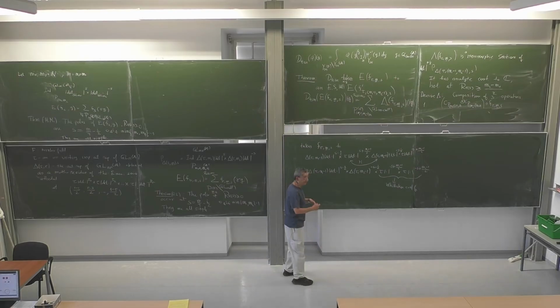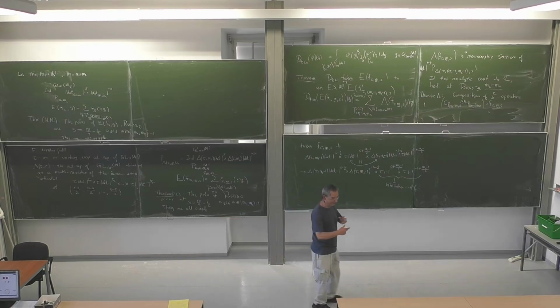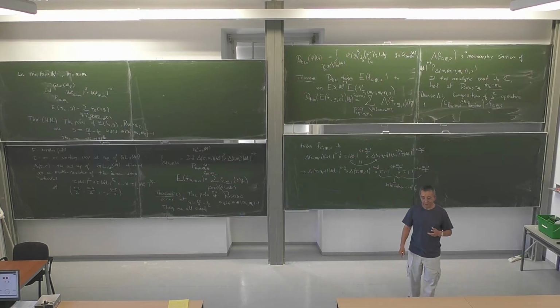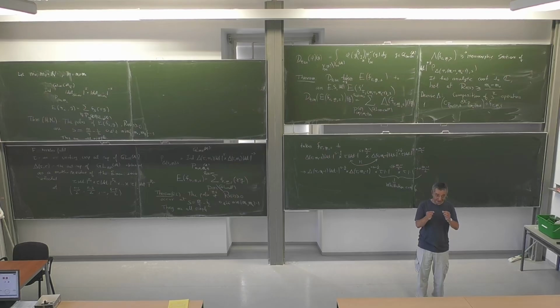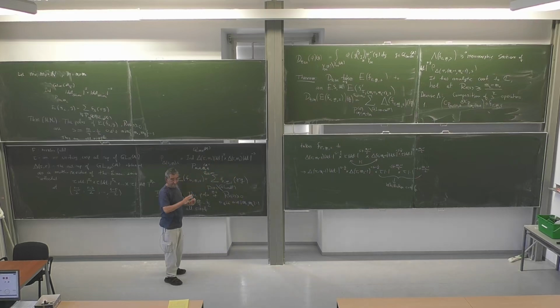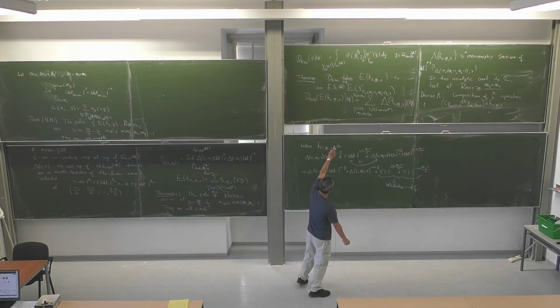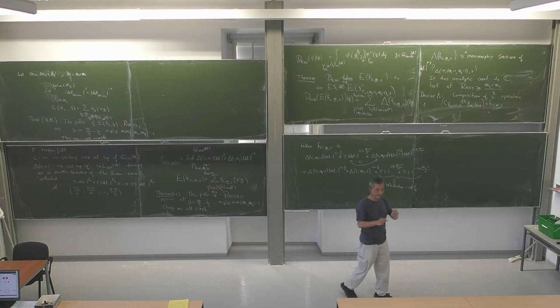This also exhibits lambda f as a decomposable section if you take f decomposable. So I can write lambda as a tensor product of local lambdas. Well, maybe I'll just say some of the things and not write them to save time. And next we prove that when we take at one place the analog of lambda at that place and regard it as a map from this parabolic induction at that place to the new parabolic induction at that place, at finite places, this map is surjective.